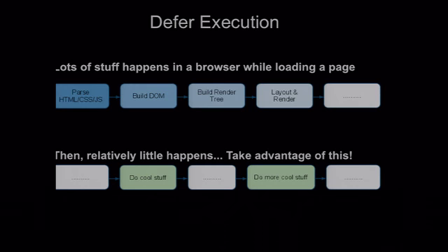You'll have UI and JavaScript living in the same thread. So if you run JavaScript that takes a long time while the browser is trying to render something, the rendering won't happen. But if you let the browser finish and then do your work, then you're fine, because usually relatively little happens. So we're going to look at two or three examples of how we do that at Meebo and how it can make a difference.